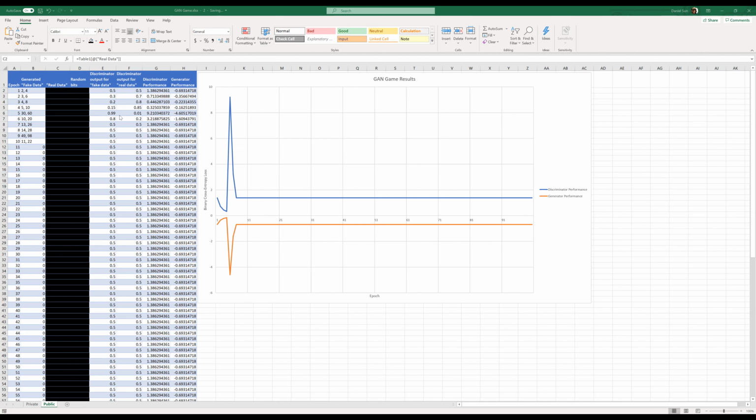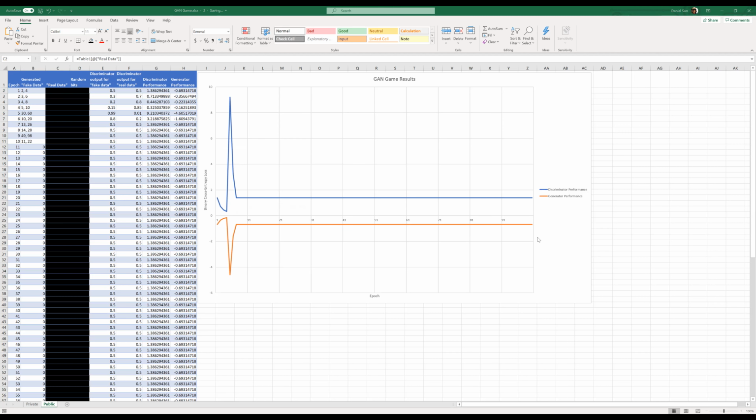Dang. Okay. Because of this, now we have a generator that can convincingly generate real data without any other information about what the real data is. On the right-hand side is a graph of the performance of both the generator and the discriminator. Of course, this is really simplified, but after some fluctuation, both have converged to a single value. And so we can declare this a success.